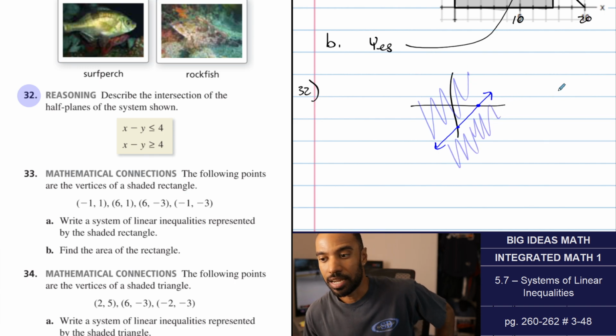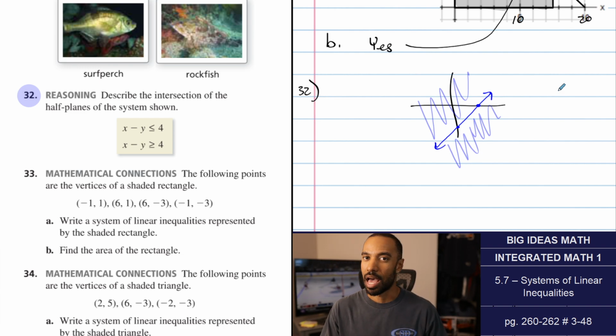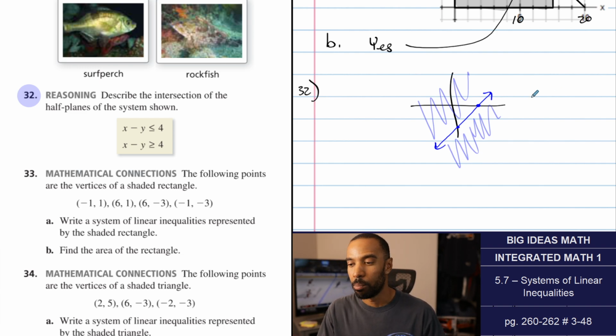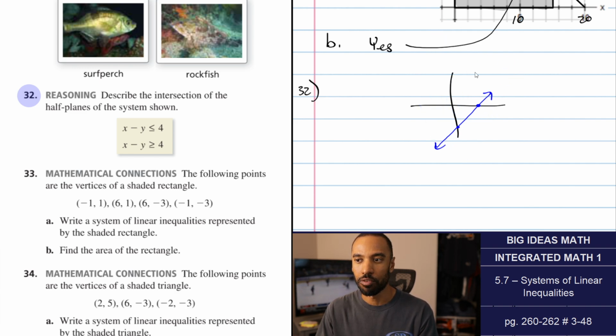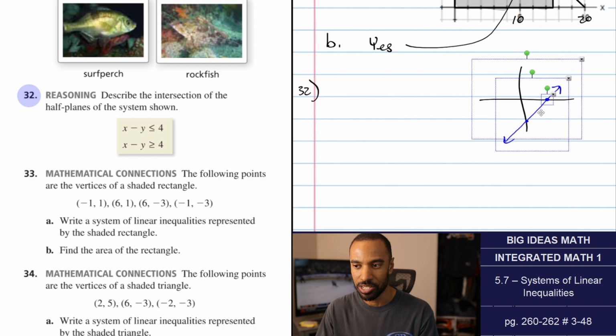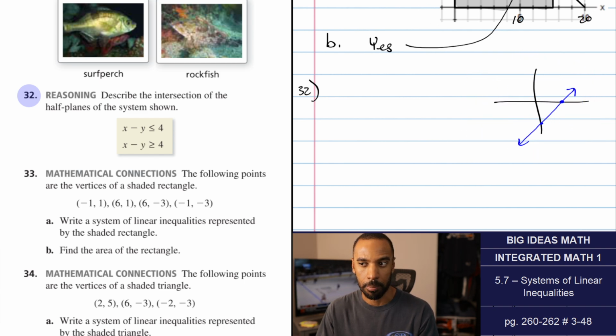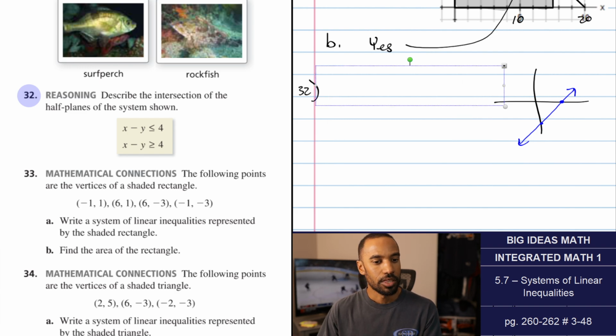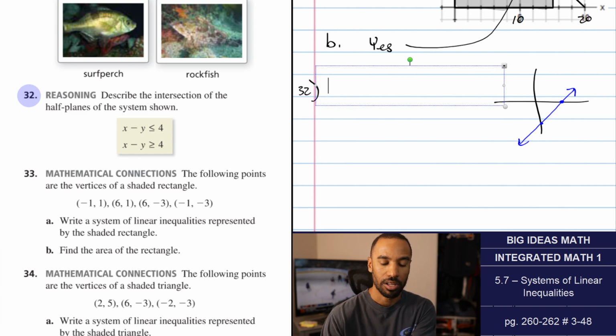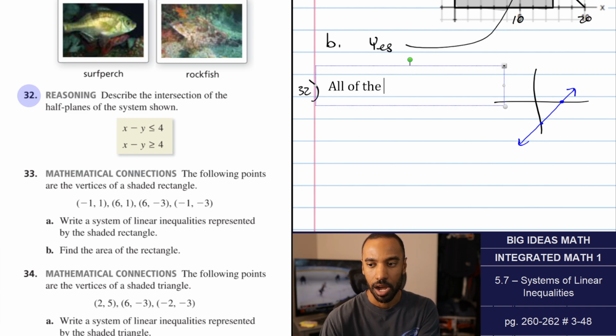It means they never overlap. Does that mean no solution? No, because points on the line count. So despite the overlapping shaded region being non-existent, the line counts. I was curious if this would pop up, and it isn't this kind of problem. So as far as describing the solutions, the intersection is all of the points on the boundary line.